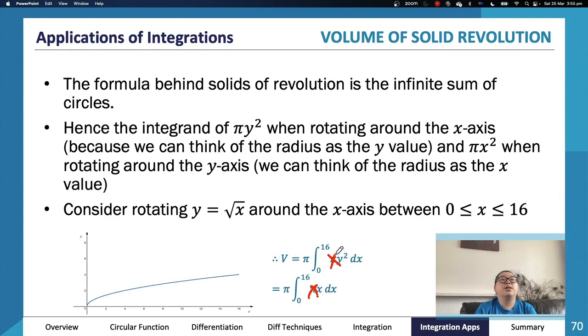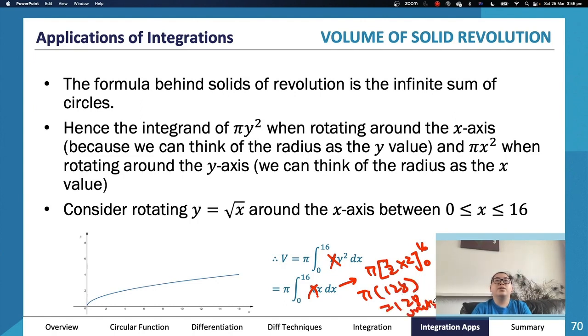Because it's root x squared, so we'll get a half x squared from 16 to 0, times pi, and 16 times 16 is 256, so it'll be 128 minus 0, so just 128, and don't forget about units cubed.